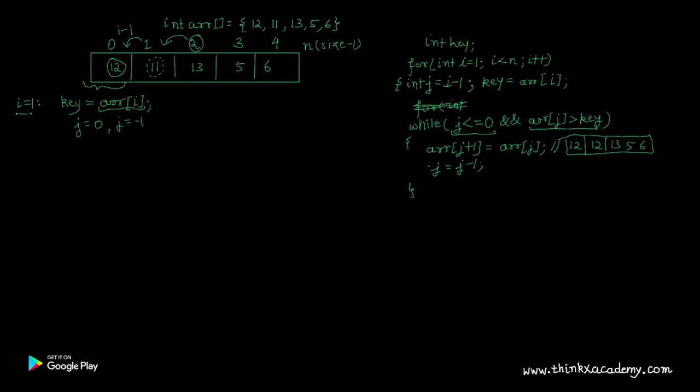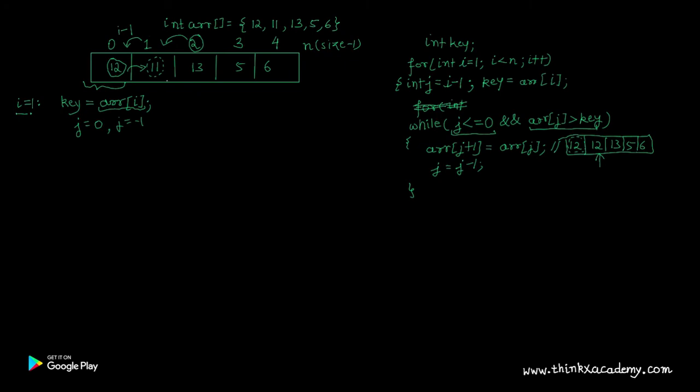After this while loop, you can see that the array is 12, 12, 13, 5 and 6. So this should be 11. We know that the card was originally at this position and we are now going to move it here. First, we copy the value of the j position to the j plus 1 position.